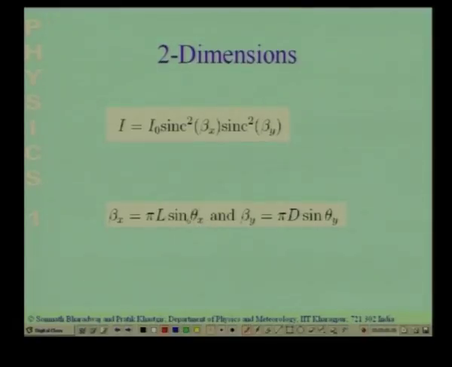Similarly, beta y is pi d sin theta y divided by lambda. So, remember that d is the extent along the y direction, and theta y is the angle it makes to the y axis.